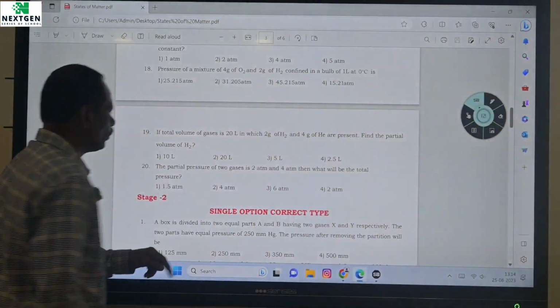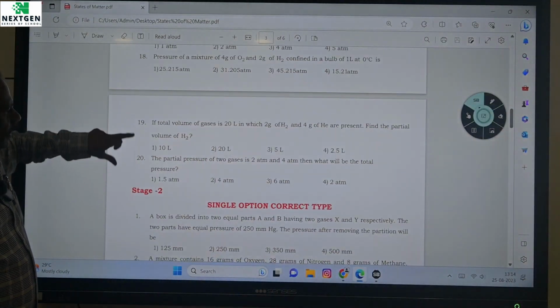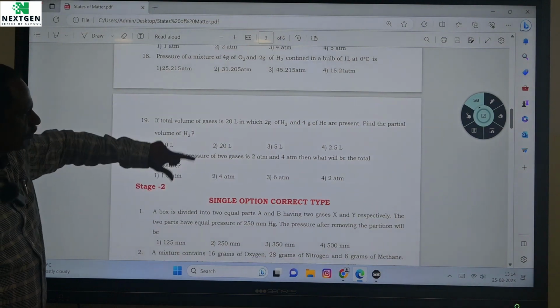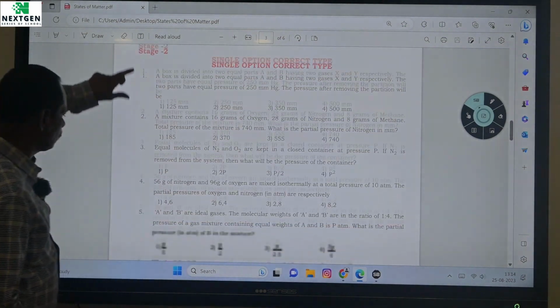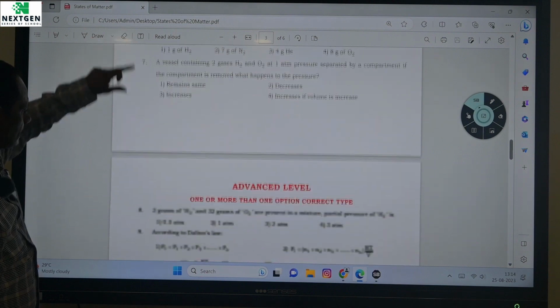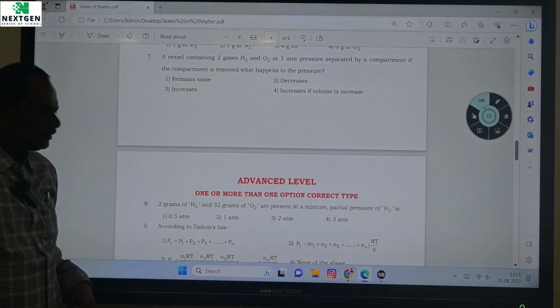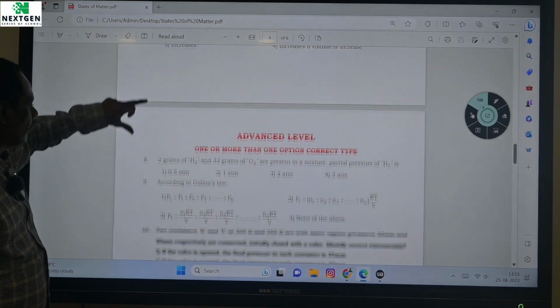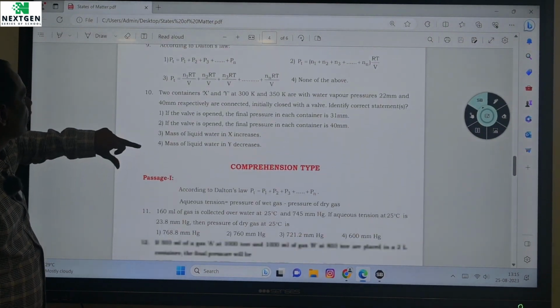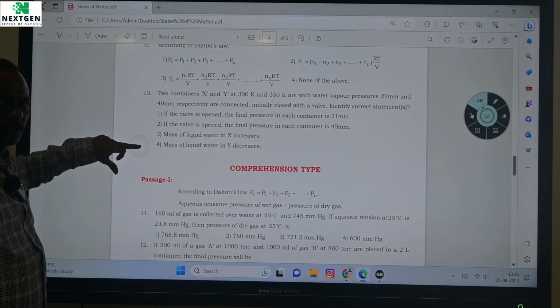In stage 2, single option correct type, 7 questions are given. Then advanced level, 3 questions are given.